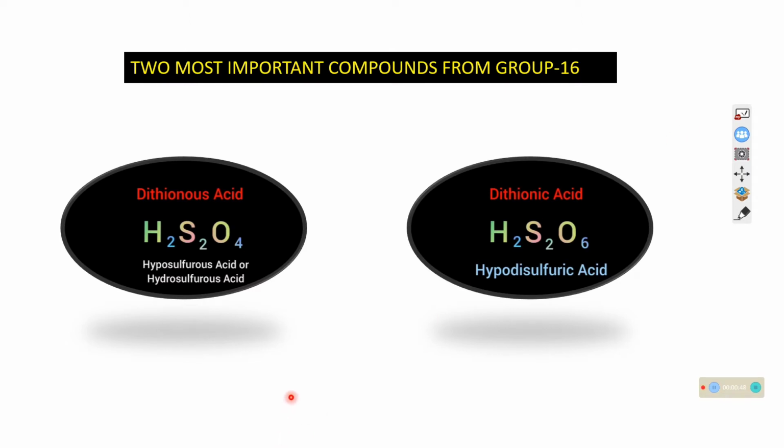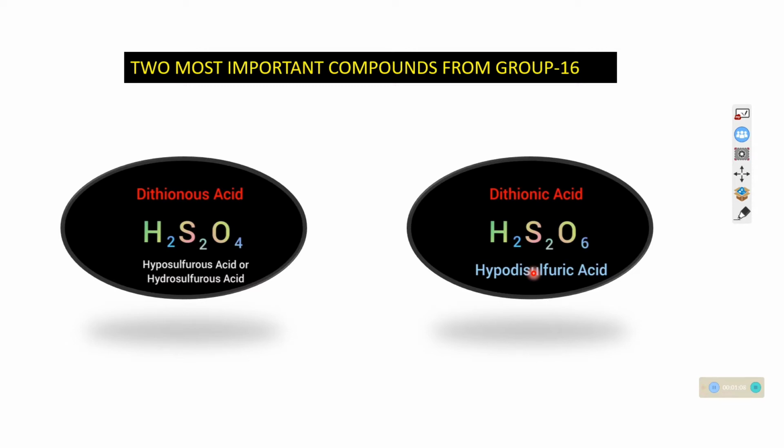Dithionous acid is also known as hyposulfurous acid or hydrosulfurous acid. On the other hand, dithionic acid is also known as hypodisulfuric acid.